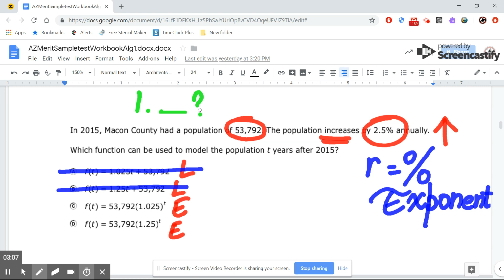Why? Because you're always starting with your original 100% population, and it increases by some percentage every year. Now it is not increasing by 25%. If it was increasing by 25%, then I would have picked choice D. But the problem is that it is not increasing by 25. In fact, it is just increasing by 2.5%. I hope you see the difference there.